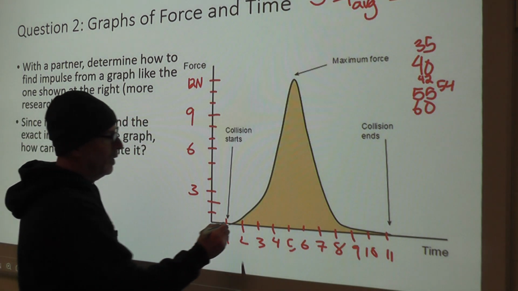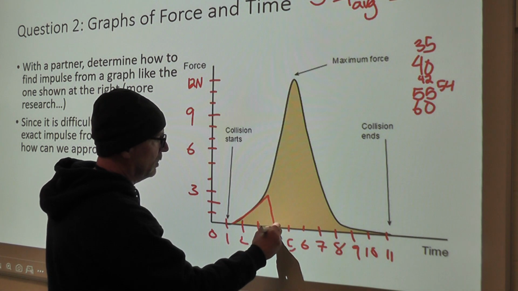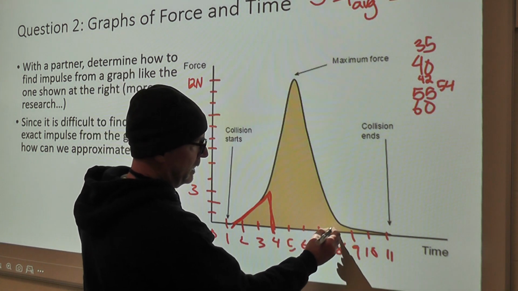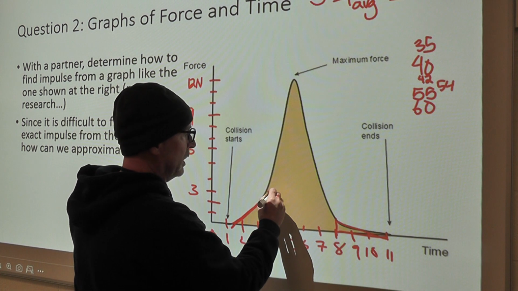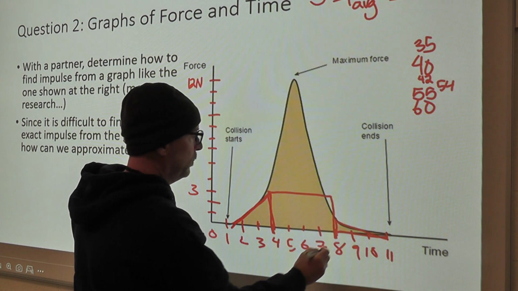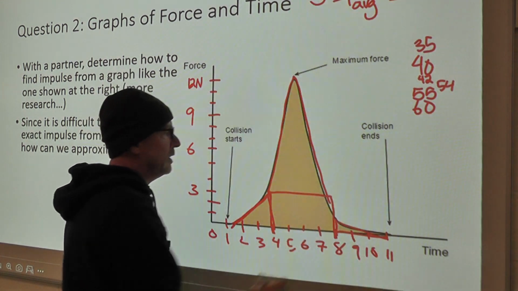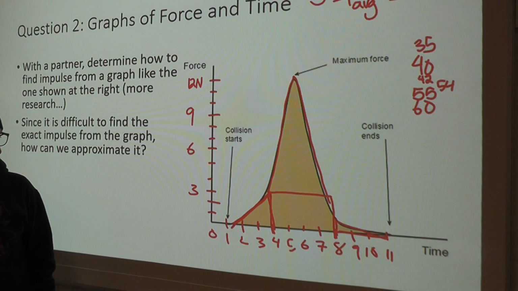So for example, we can think of this as a triangle to there, and a triangle to here, and a weirdish rectangle there, and a triangle here. How perfect is that? Really not perfect at all. But I bet it's pretty close.